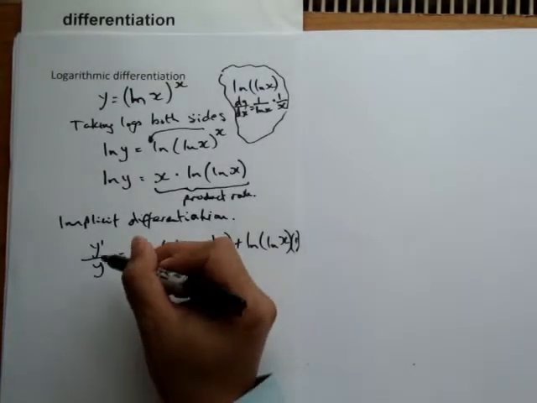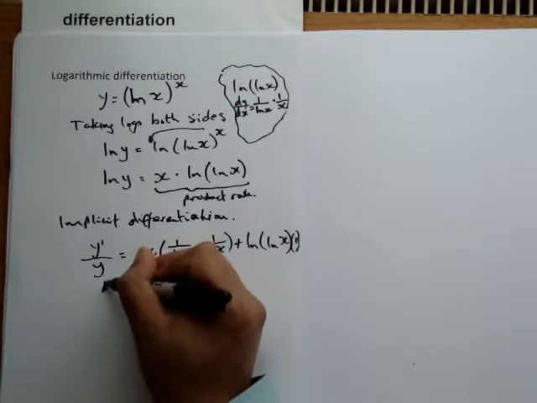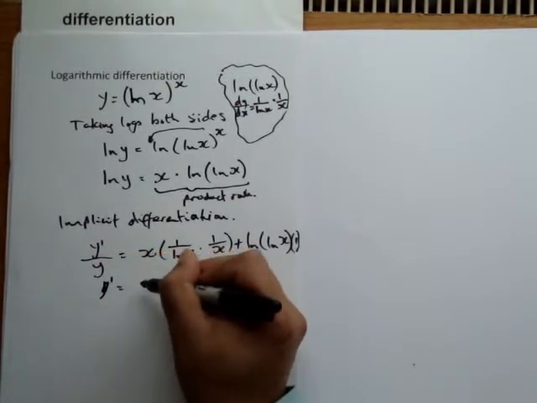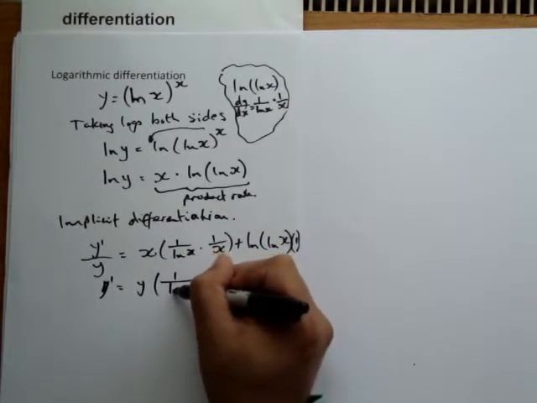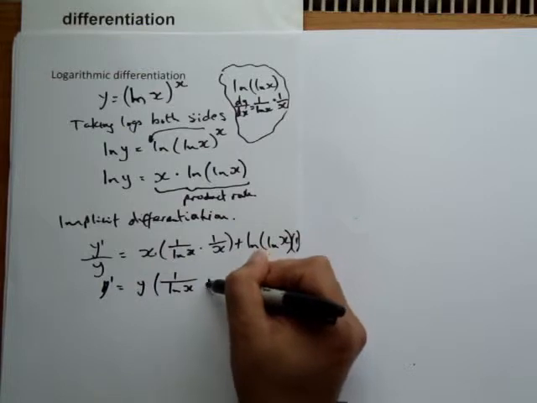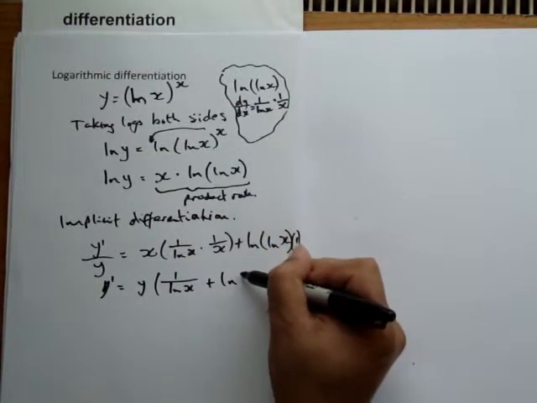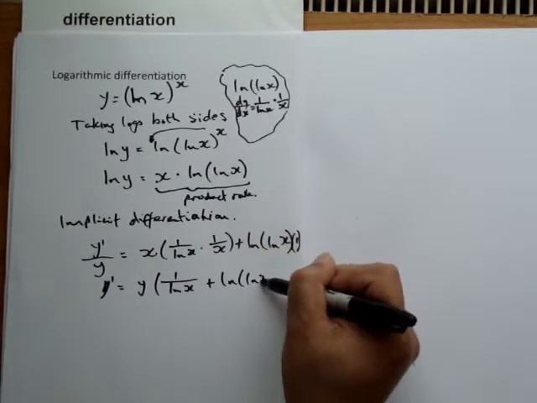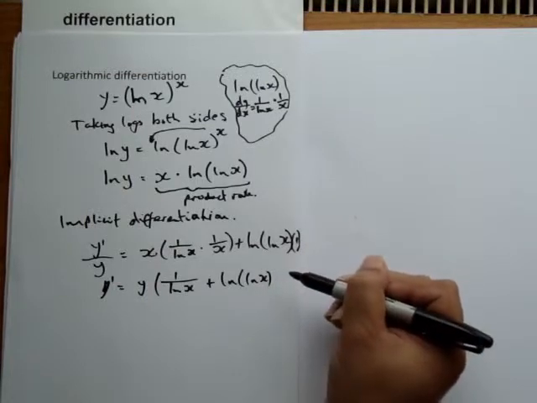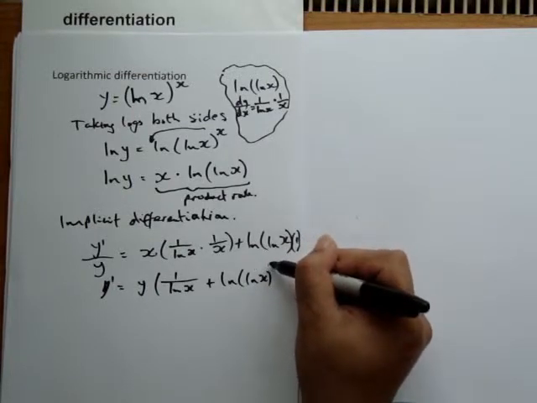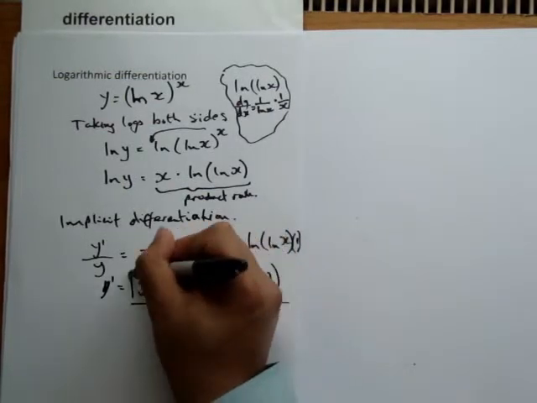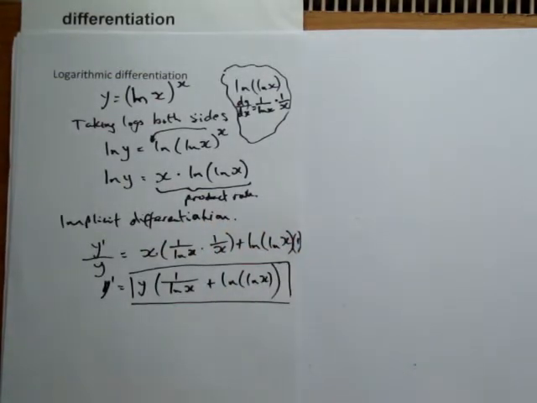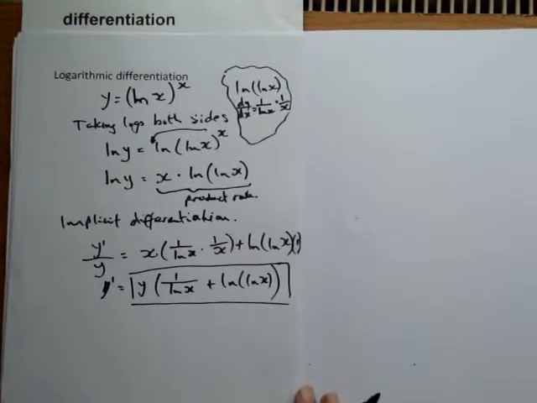So our answer then, y prime is y, 1 over natural log of x plus natural log of x. And that is our answer.